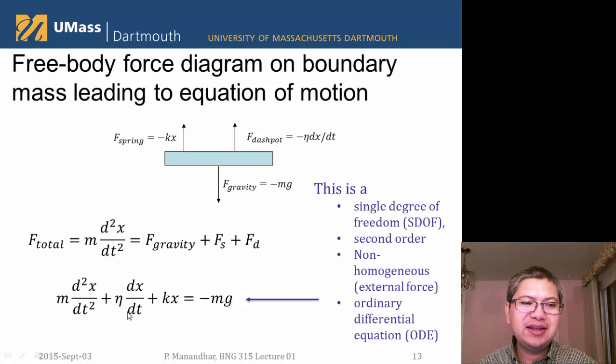But it turns out that equation is pretty complicated. It's not too complicated, but it can be if you increase some of this, for example, if you go from second order to third order, or if you have, instead of constant gravity, a variable force, which is often the case, or if you have, instead of a single degree of freedom, hundreds of degrees of freedom, then it becomes more and more difficult to solve this on pen and paper.